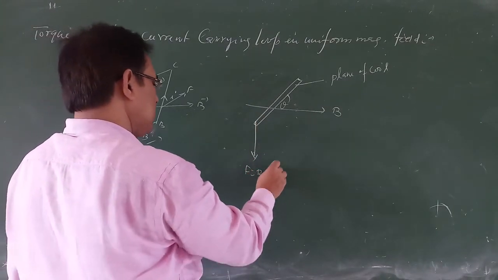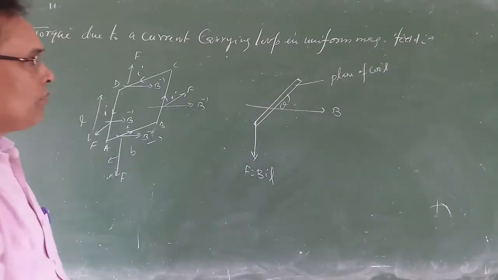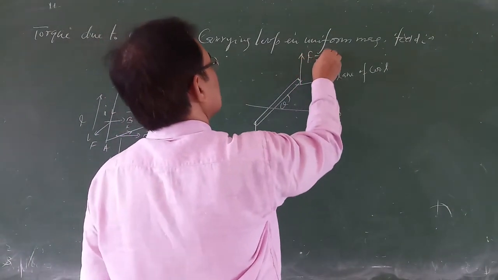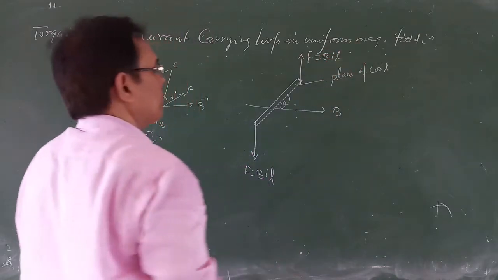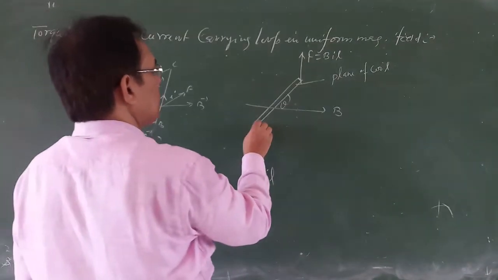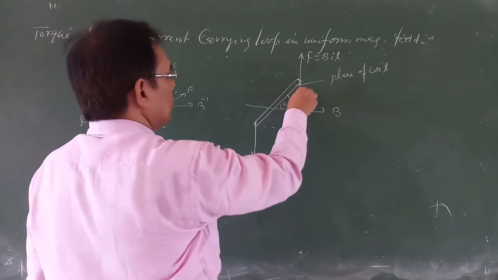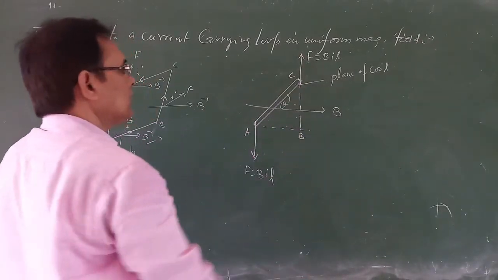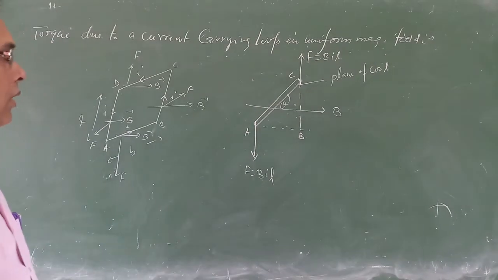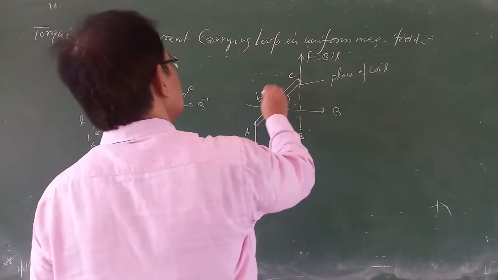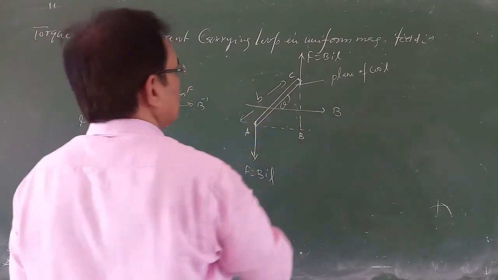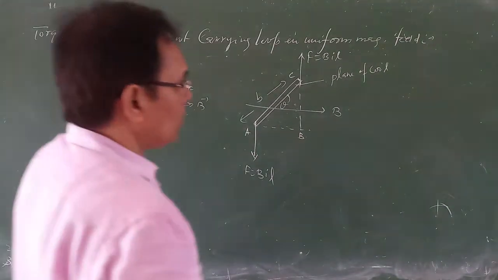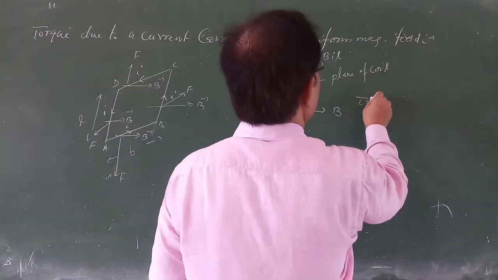The maximum force is BIL. This is the force developed on the conductor. Here also a maximum force develops on the conductor. Now this is the perpendicular distance, and this is the breadth b of the coil. So find out the torque developed on the coil.